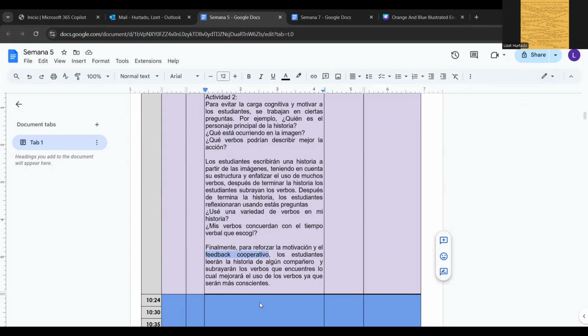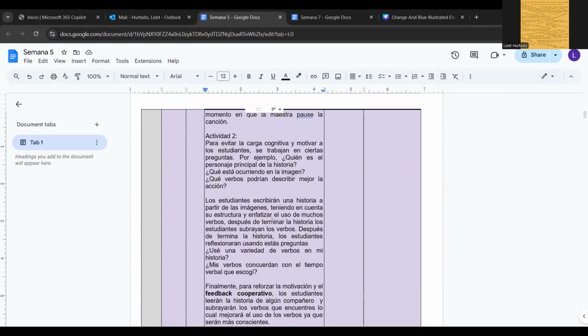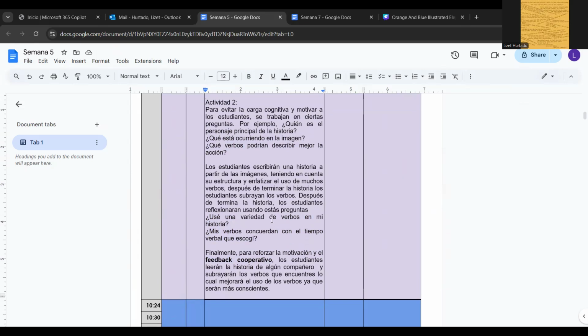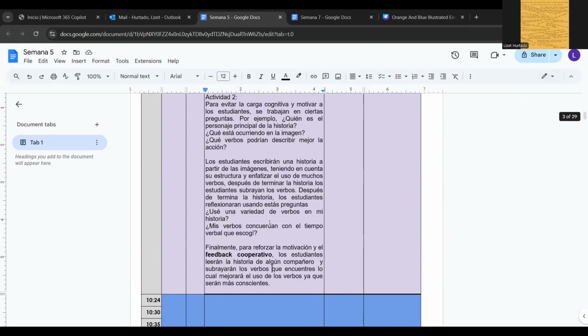We try to really highlight this part about cooperative feedback with our students. So for example, in this lesson, they needed to write a story based on pictures. They were free to choose the picture, and at the end, when they are done, the main reason was to add verbs.